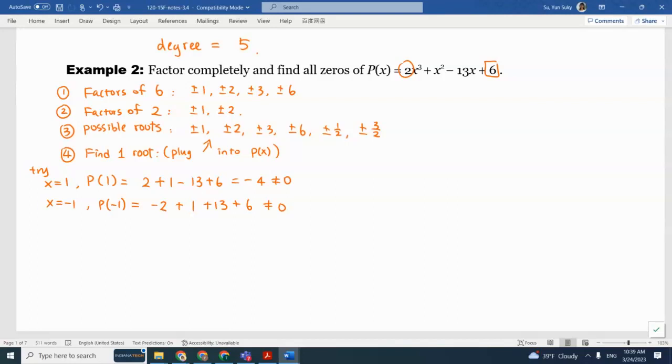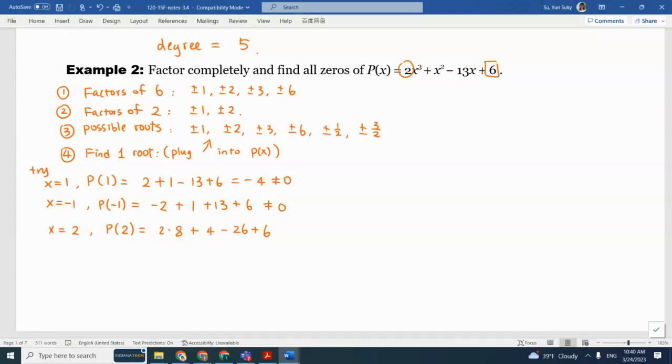What's the next number we plug in? 2. Okay. 2 times 2 cubed, which is 8. Is that okay, everybody? 2 cubed is 8. Plus 2 squared, 4. Minus 13 times 2, 26, plus 6.